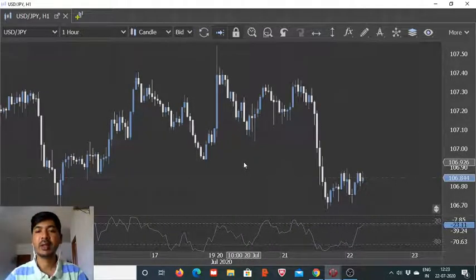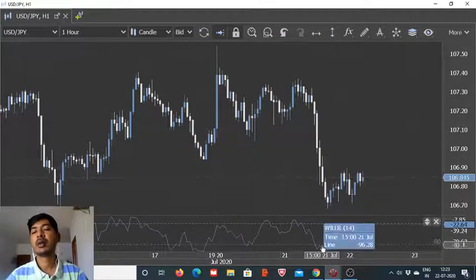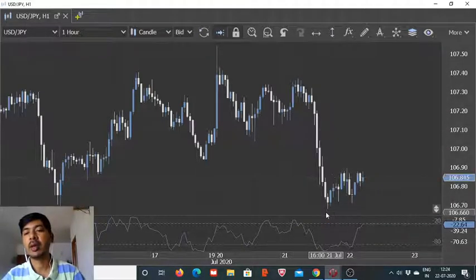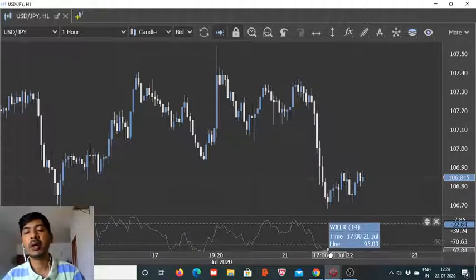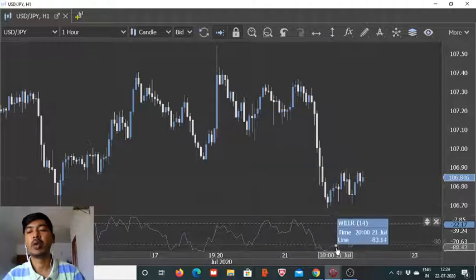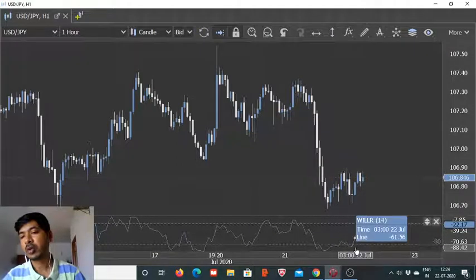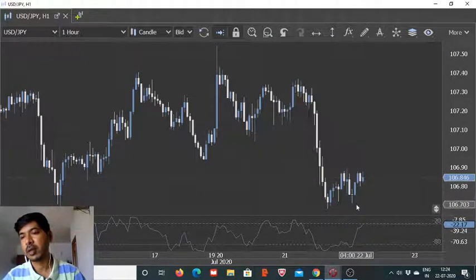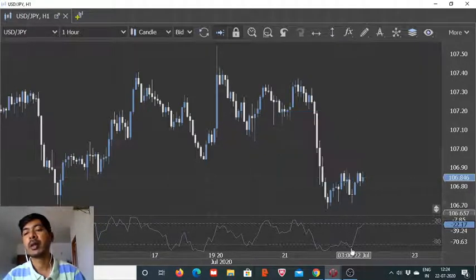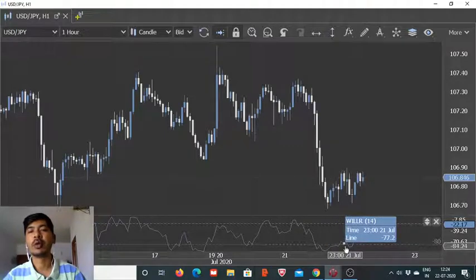So here you can see that when the Williams R value was below -80, it was indicative of the fact that the underlying instrument, in this case USD JPY, is in oversold territory, and it is now, after due consolidation on the lower side, has shown some upward bias and has gained around 10 to 15 pips in the last couple of hours after being in this oversold situation.